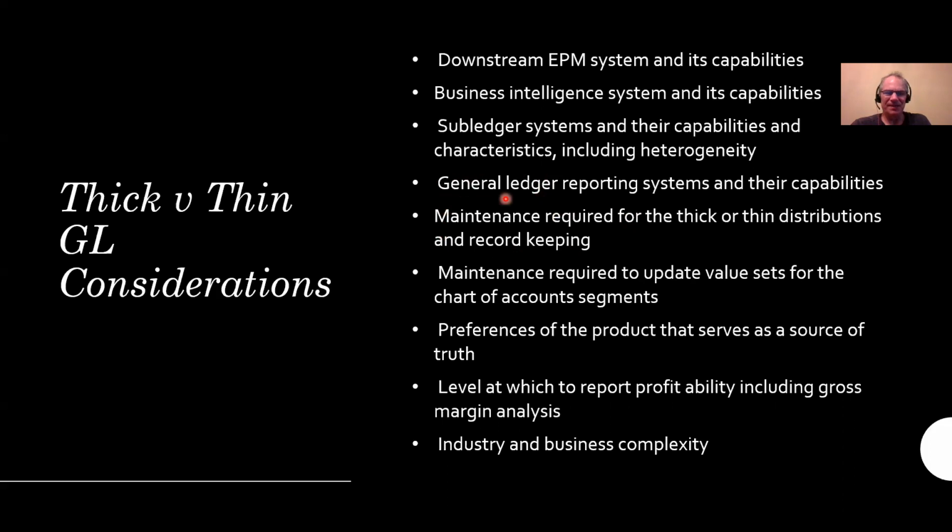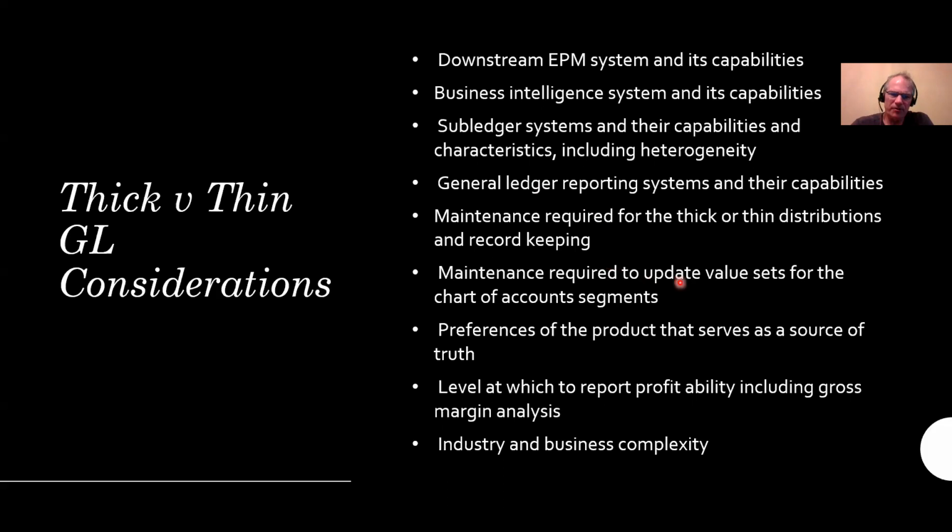If there's going to be a lot of manipulating of the value sets, what we call value sets are just the variables you can have for each segment. Be a lot of that. Maybe you want to get a good business intelligence system, and you want to go to more of a thinner ledger.